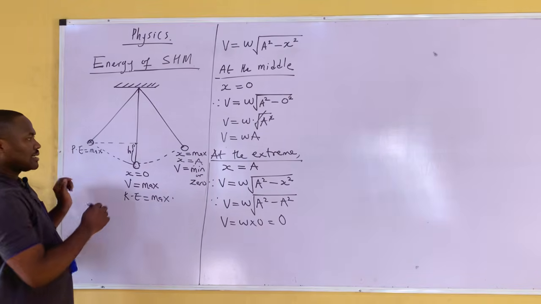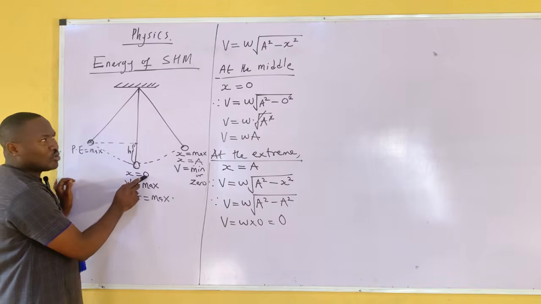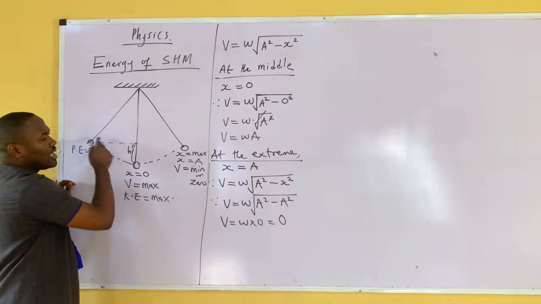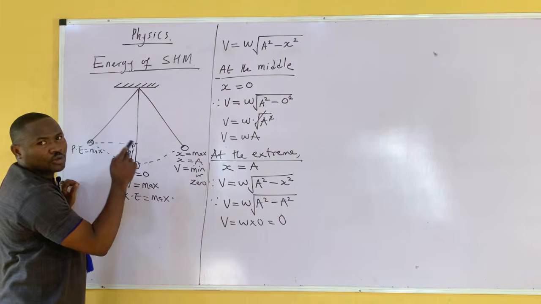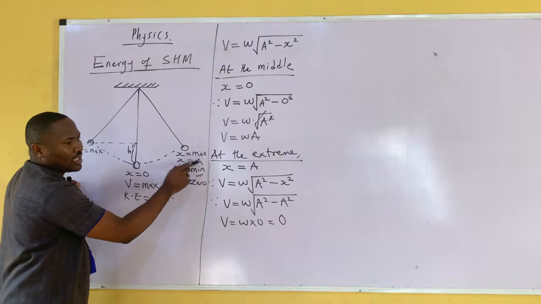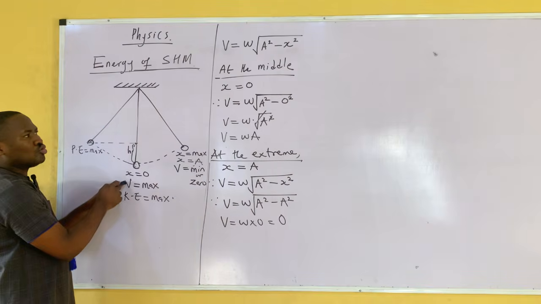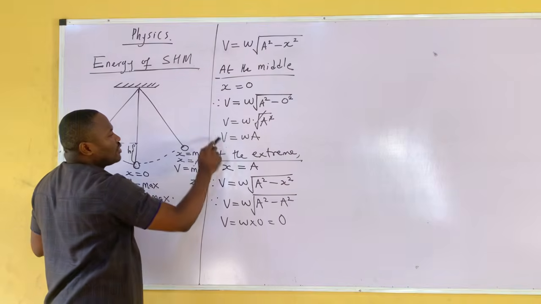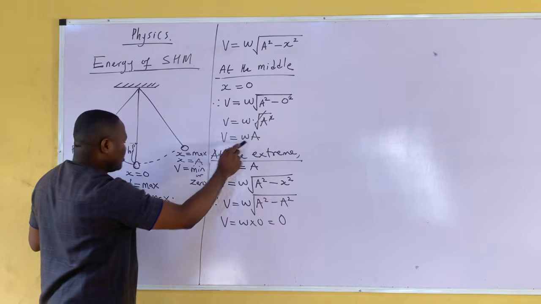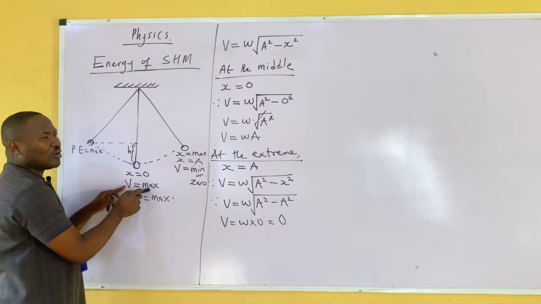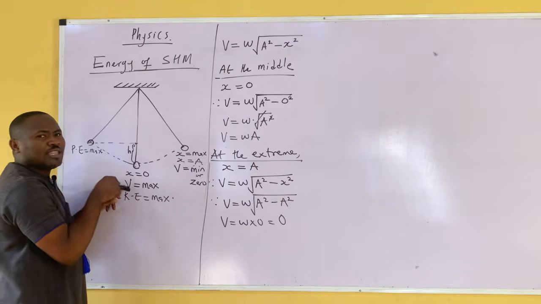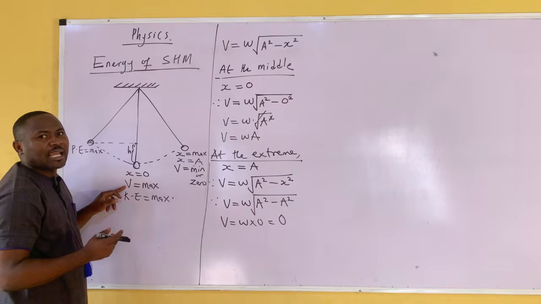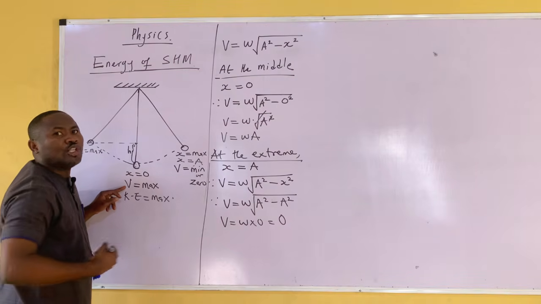Remember, we started from x equals 0 because it's at equilibrium, but at the extremes, x equals maximum, which means x equals A. Then we solved for velocity at the middle and saw that velocity is maximum. Any point where velocity is maximum, kinetic energy is maximum, because kinetic energy is the energy in motion.